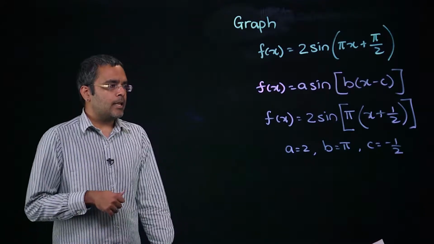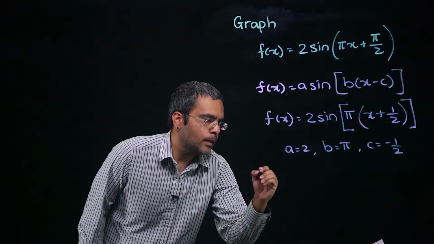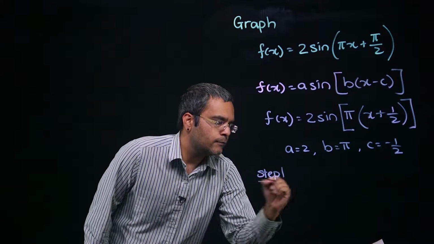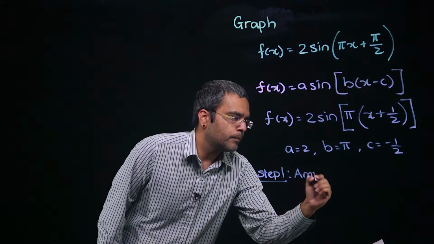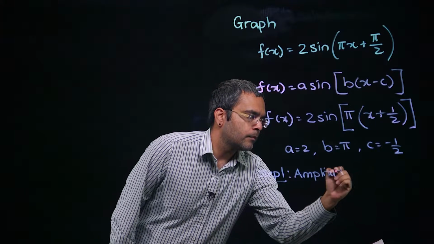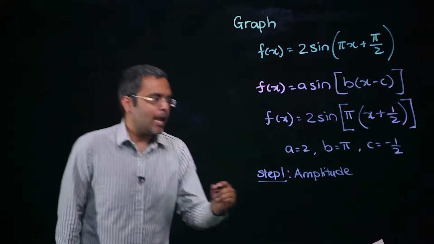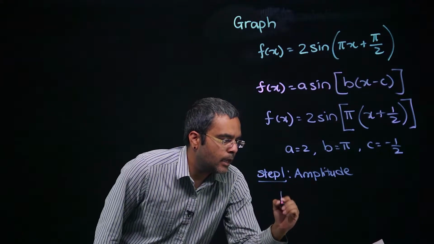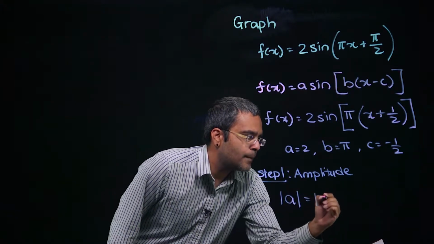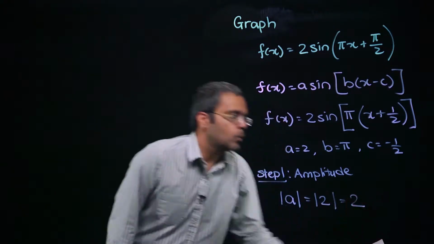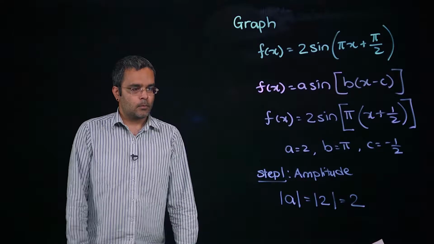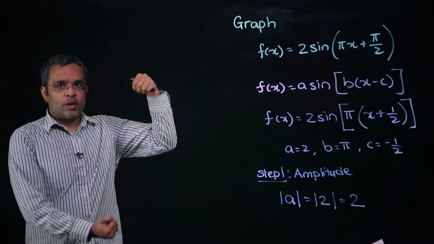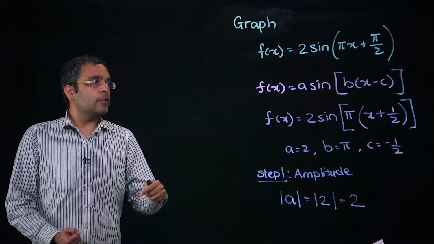So the first thing I need is my amplitude. Step 1 is find the amplitude. The amplitude is given by the absolute value of a, which is the absolute value of 2, which is just 2. So my function is stretched vertically by a factor of 2.